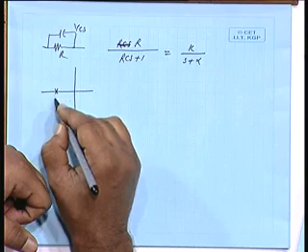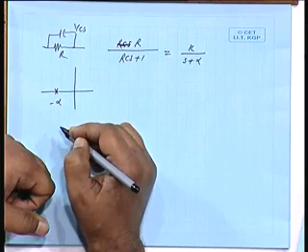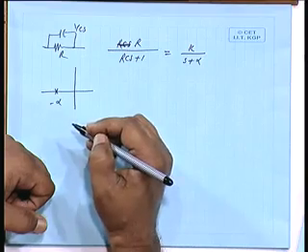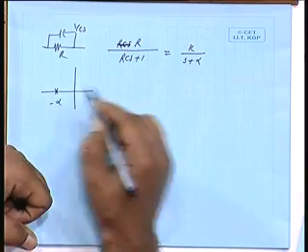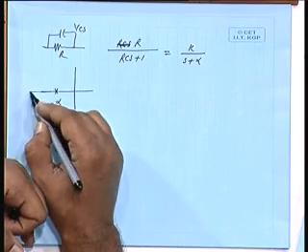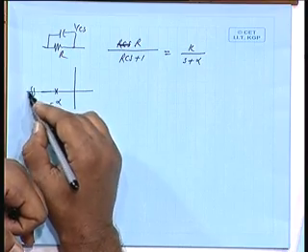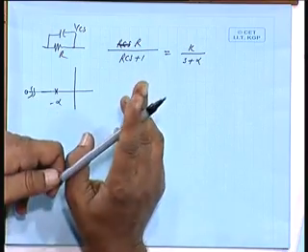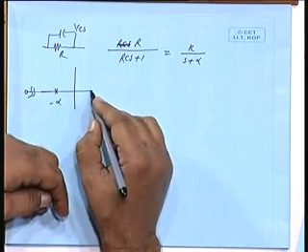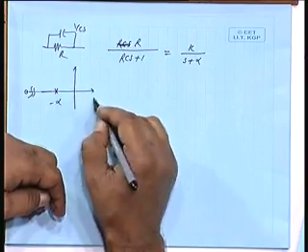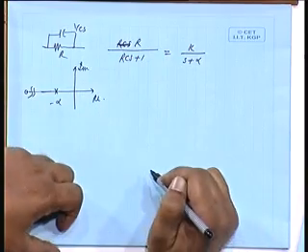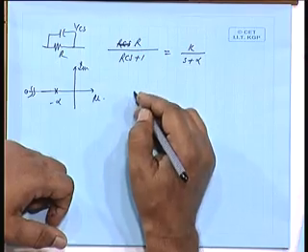So, pole is at minus alpha and 0 is at, when is it 0? When s tends to infinity. So, when s is infinity, it is a 0. It is a real imaginary function. Is that okay?